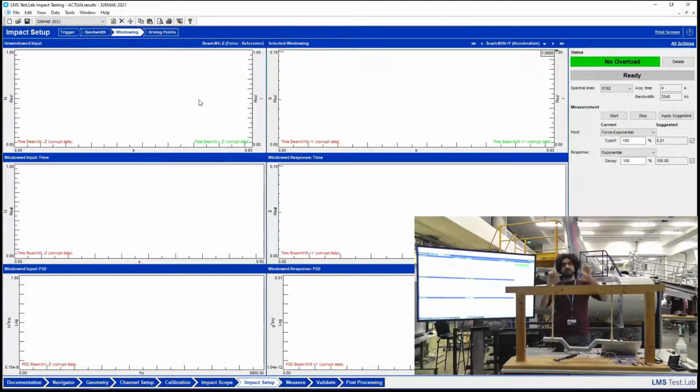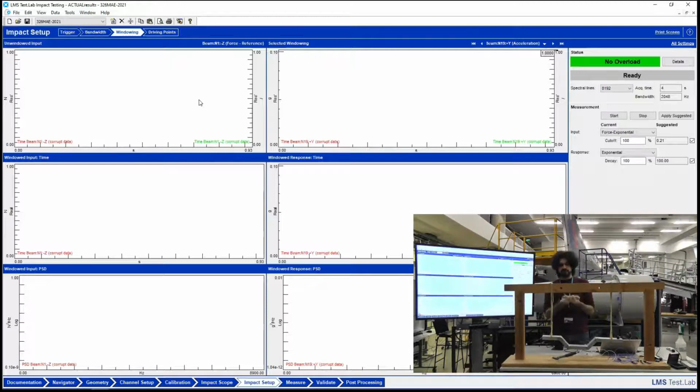And again, if you don't capture the entire decaying part, if you do the FFT of that, you get errors. So we can force it to 0 at the end, and we can also force the hammer to not record anything after the spike.